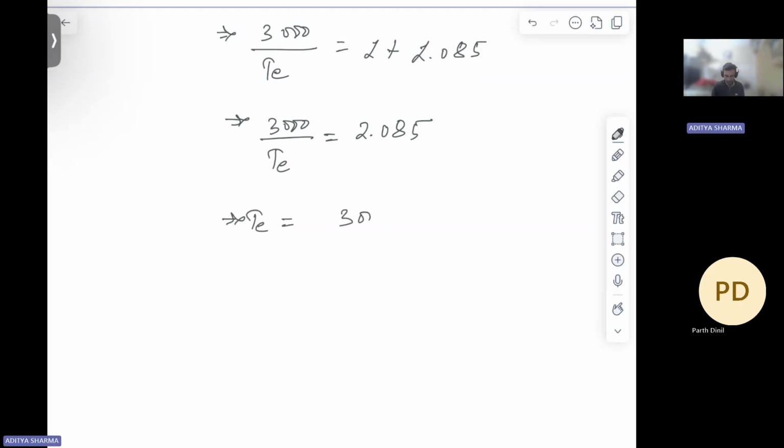Now if you calculate this, what you will be getting is 1438.71 Kelvin.